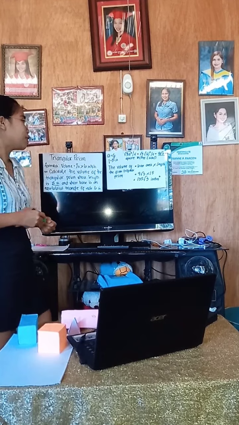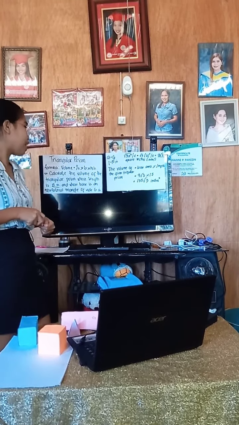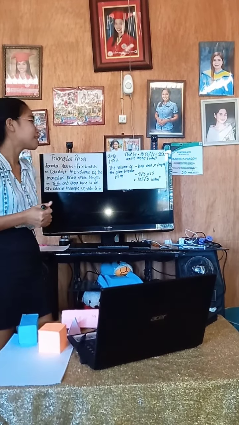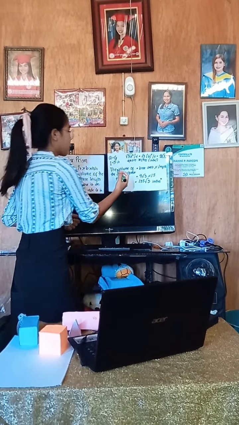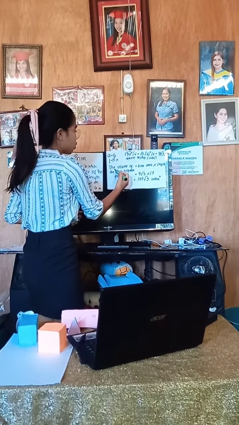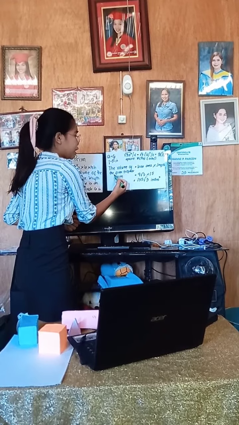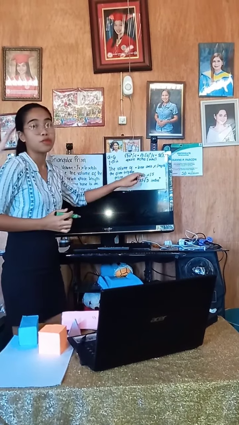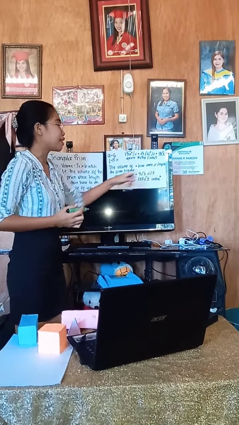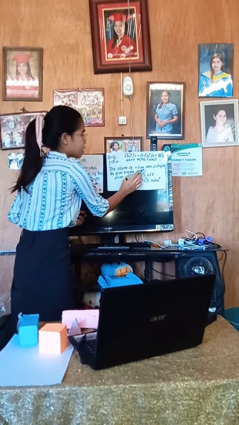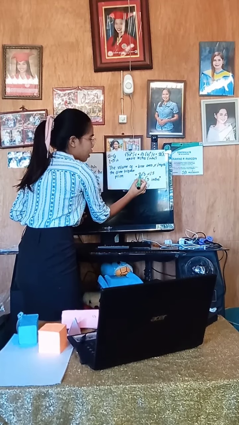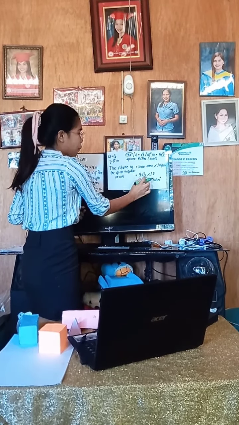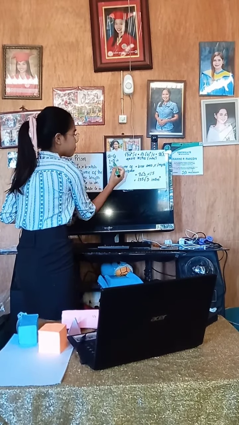Now to get what is being asked, the formula we are going to use for the volume is: volume of the given triangular prism equals base area times length. The value of our base area is 9 square root of 3, and the length is 15 inches.